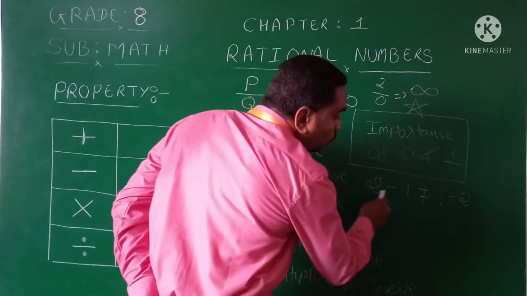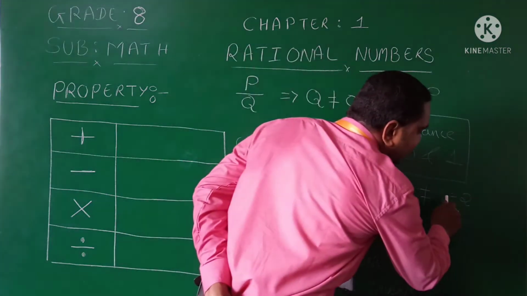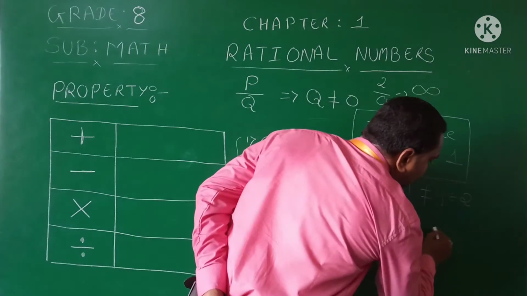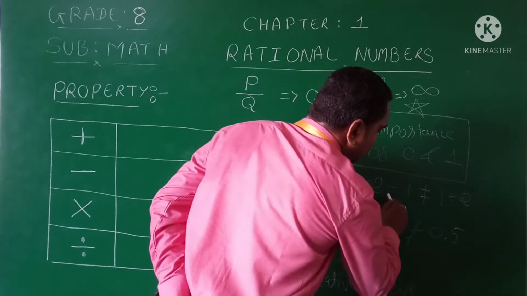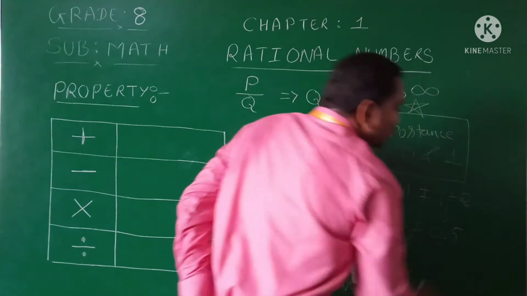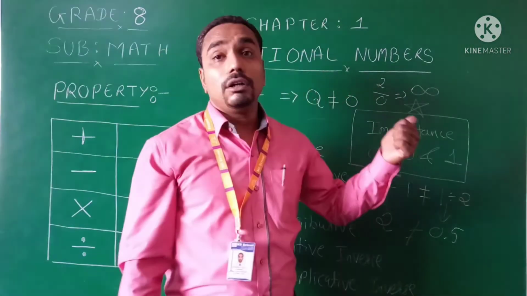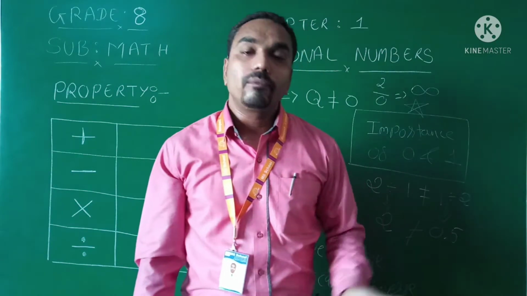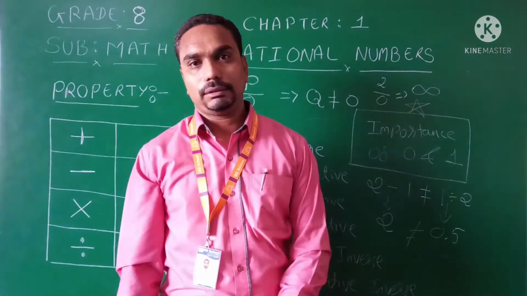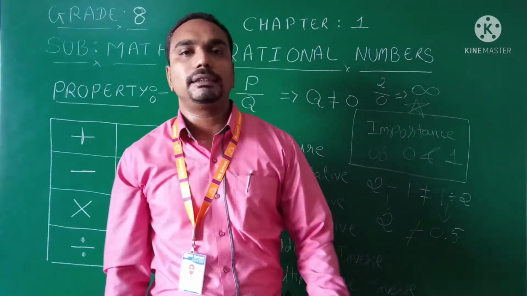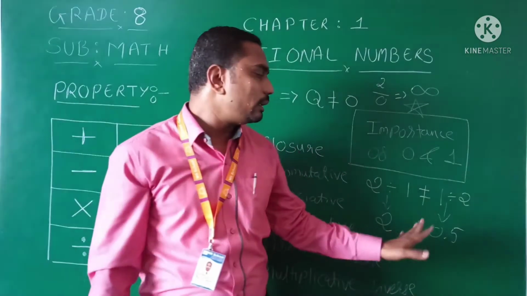Because 2 divided by 1 remains 2, but 1 upon 2 is 0.5. So these are not equal. Hence we can say that 1 is non-affecting in multiplication, the answer remains the same, while in division it is not.